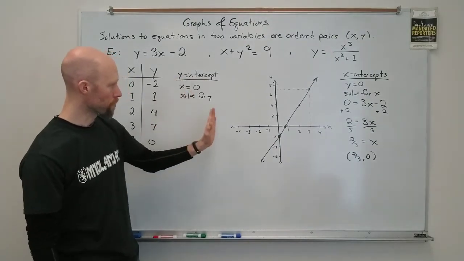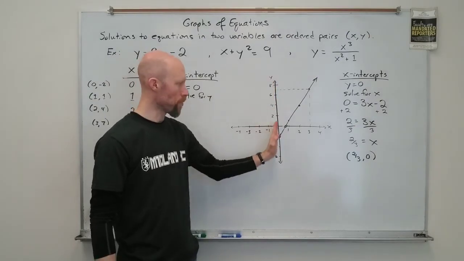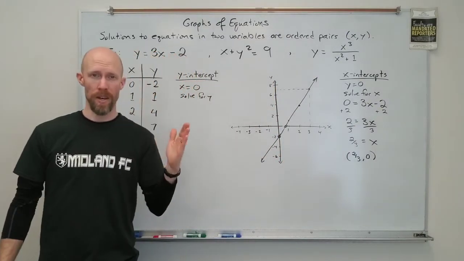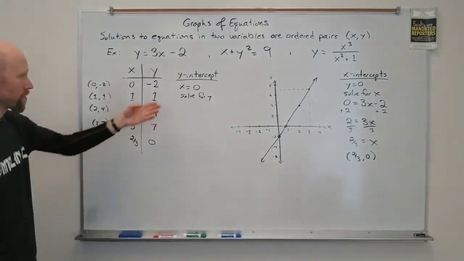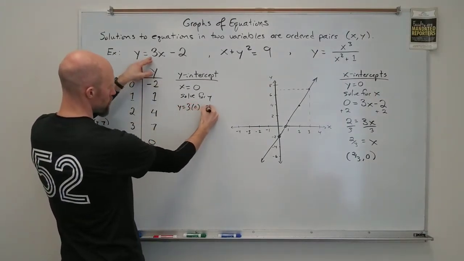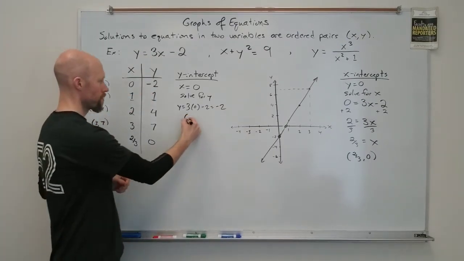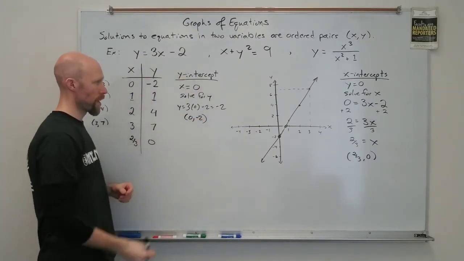The y-intercept, of course, is the point where the graph crosses the y-axis, and at any point on the y-axis, the x value, the horizontal value, will be 0. And then you solve for y, which we've already done. You get y equals 3 times 0 minus 2, which is -2 when you solve it out. Okay? So 0 comma -2 would be our y-intercept.